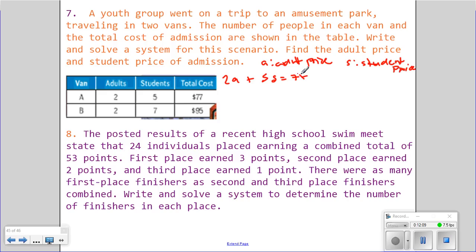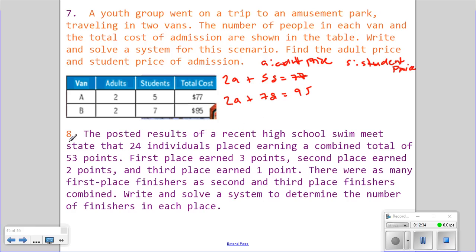That was the total cost. In van B, for our second equation, it was 2 adults plus 7 times S for a total of $95. And so those would be the 2 equations for this scenario.